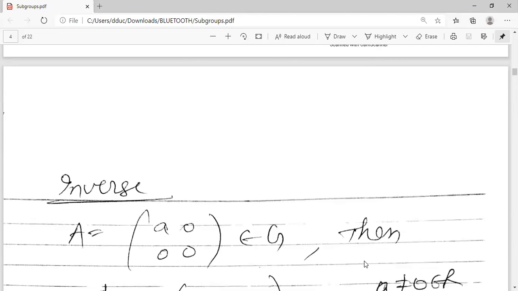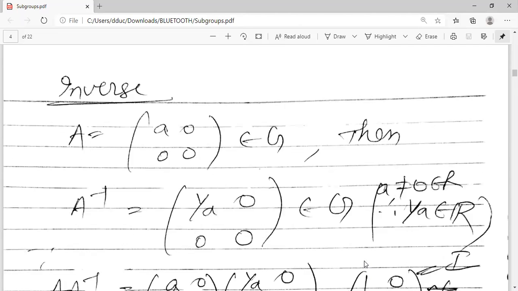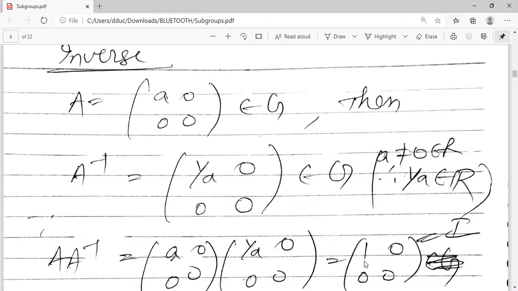So this last one is left, inverse. So we have to take any element from G, and then we have to show that the inverse of that element exists in the group G, in the set G. So A is this element A 0 0 0, where A is a non-zero real number. Then the inverse of A will be this, 1 upon A 0 0 0.